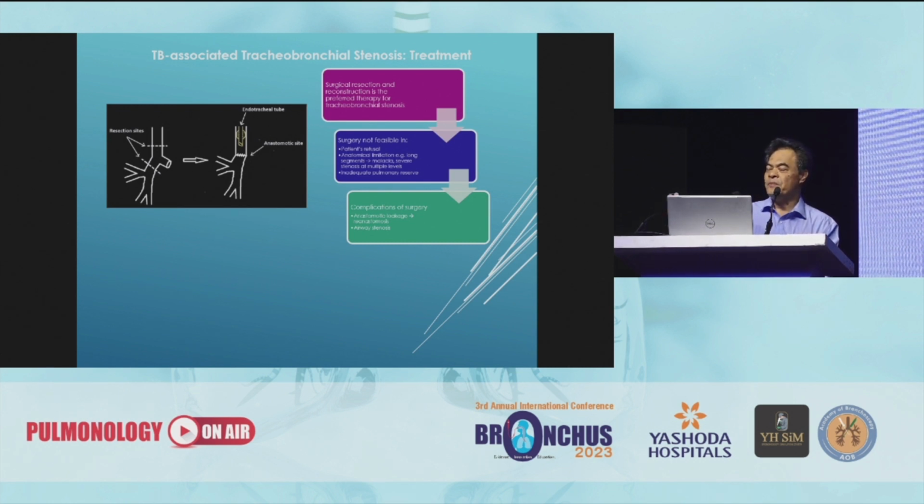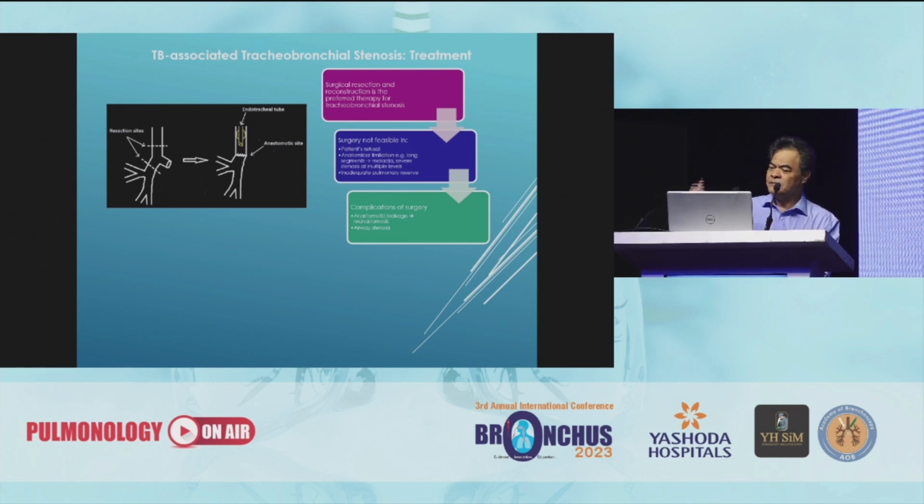Many of our patients in this part of the world tend to present late, and so they end up with poor lung reserve. All these cases of TB stenosis are always discussed in our MDT with our cardiothoracic surgeons, and the majority of the cases are unfortunately not suitable for surgical resection.